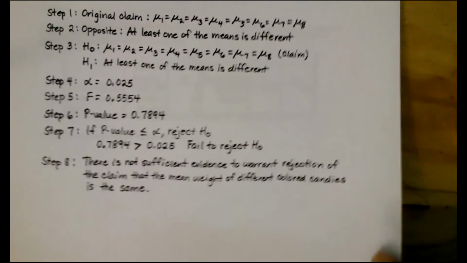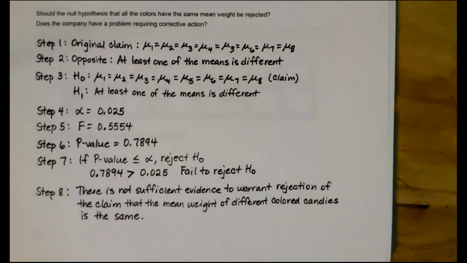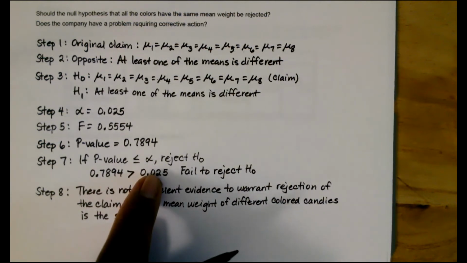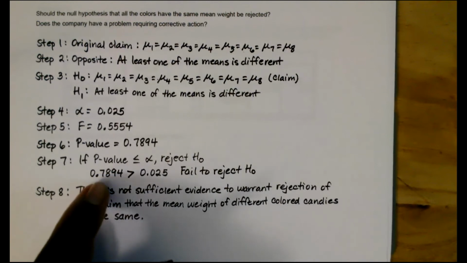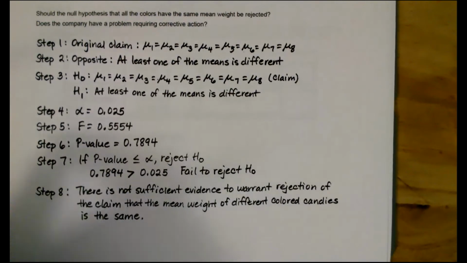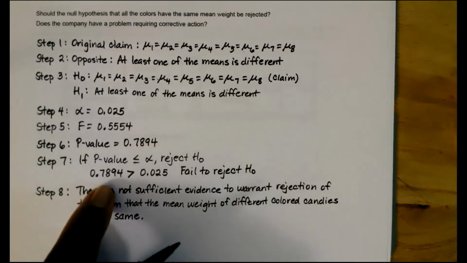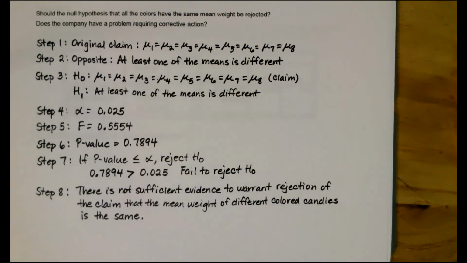Now they have questions here like, should the null hypothesis that all colors have the same mean weight be rejected? The answer there will be no, because notice our p-value is greater than the level of significance; it is very high here. Keep in mind the p-value is the probability of getting a test statistic as extreme as the one we got from the sample data. So we're talking about a 78.94% chance of getting a test statistic as extreme as the one we got for the sample statistics.